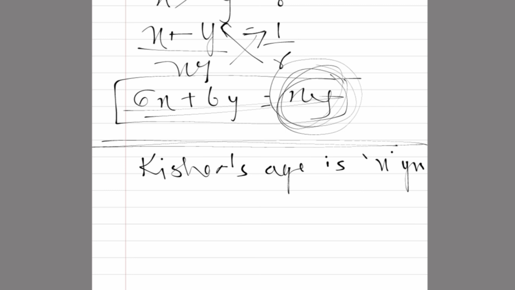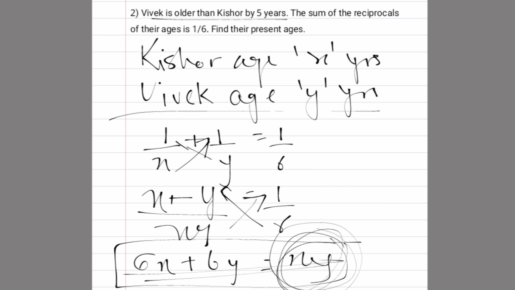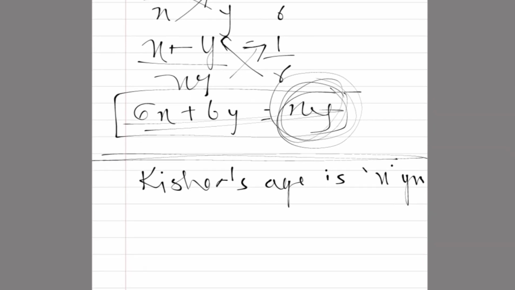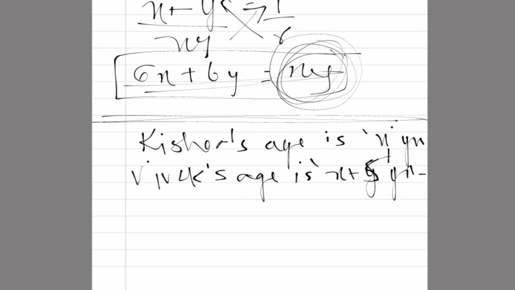Therefore what will be the age of Vivek? Vivek's age will be 5 years greater than Kishore, because Vivek is older than Kishore by 5 years. Therefore Vivek's age is x plus 5 years, right? So this is the age of Vivek.